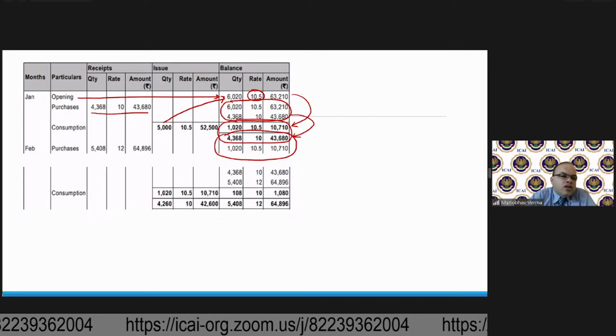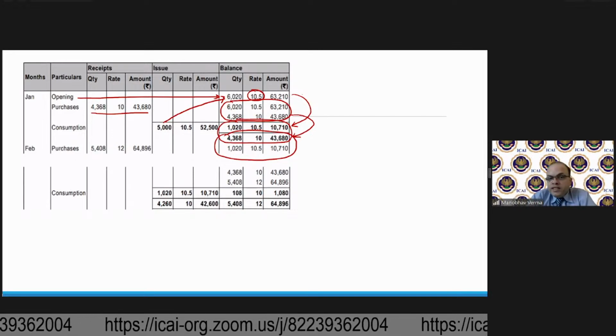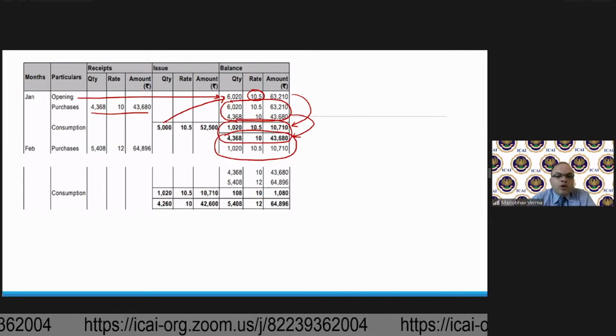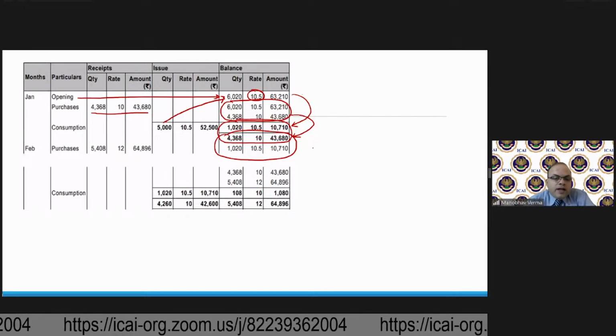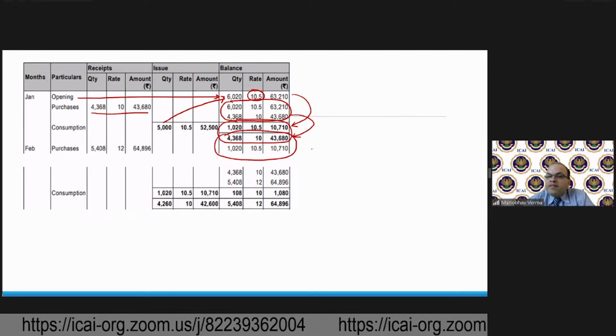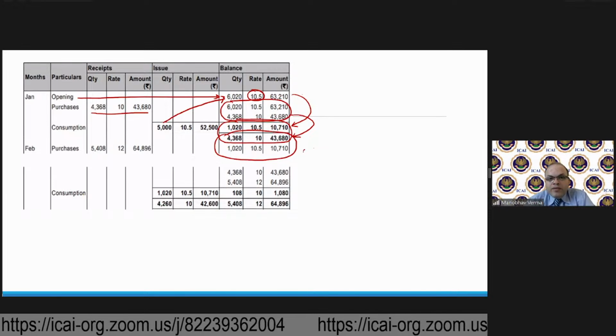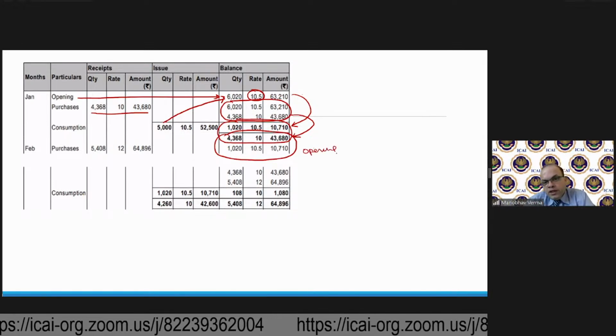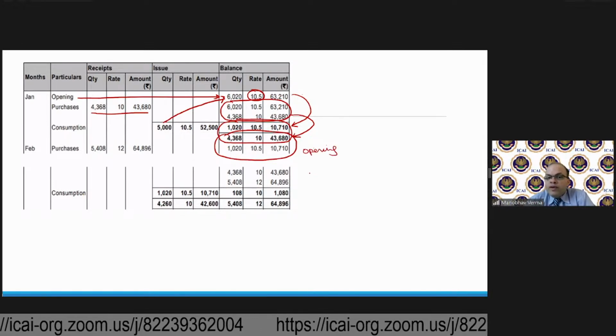And what happens here is we are talking about the February purchase now. At the point of purchases in February, we are looking at three levels of inventory here. One is from the opening, where we are left with 10.5.